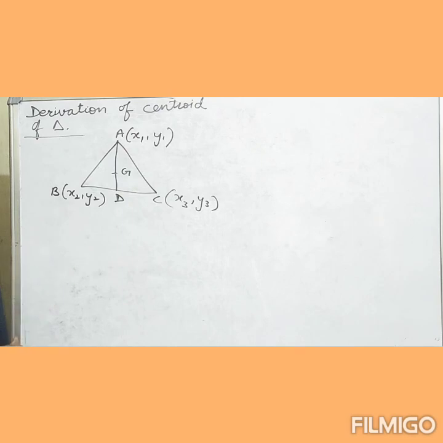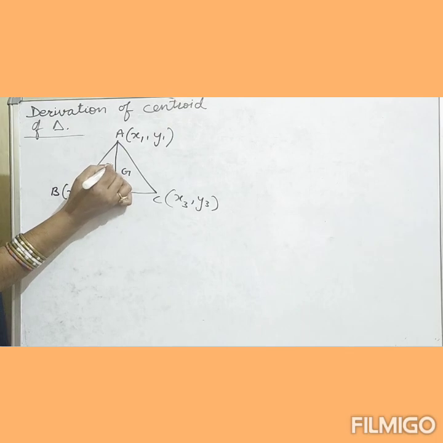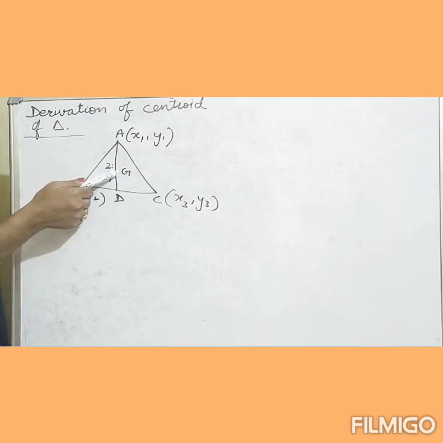One more property you should know for getting the coordinates of the centroid is that the centroid of a triangle divides the median in the ratio 2:1.